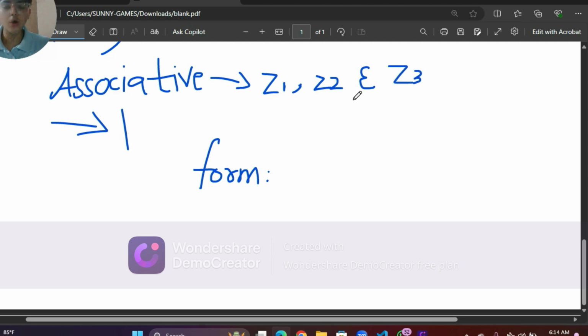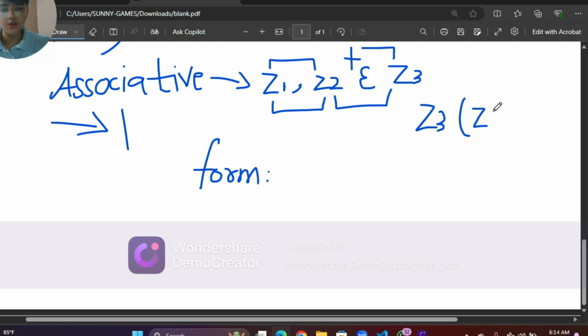You can do only one thing at a time: either solve by multiplying or adding, and then combine with the other value. If you are doing multiplication, multiply the first two, then multiply that answer by the third. Similarly, for the right-hand side, you do it like this.